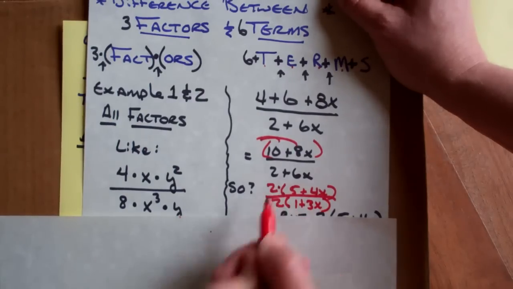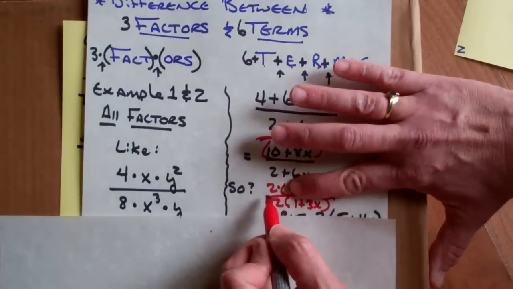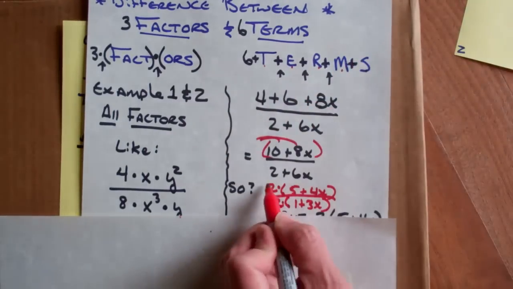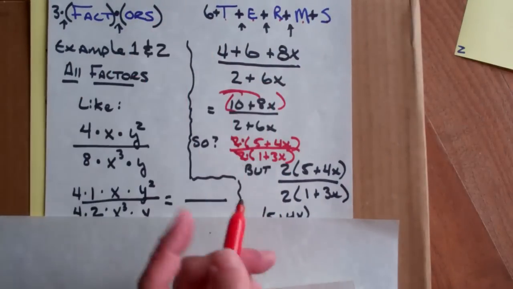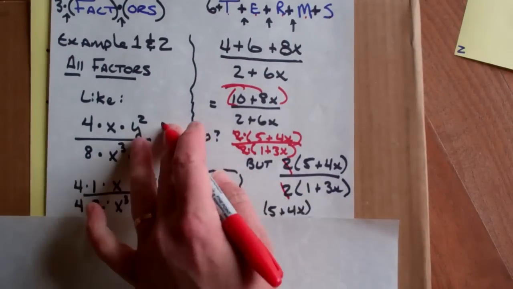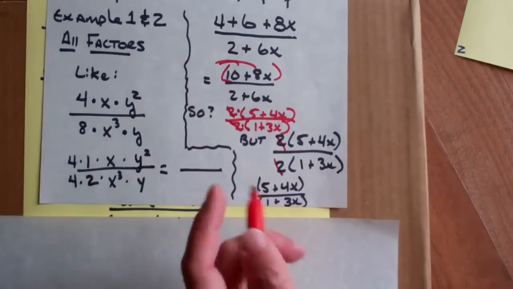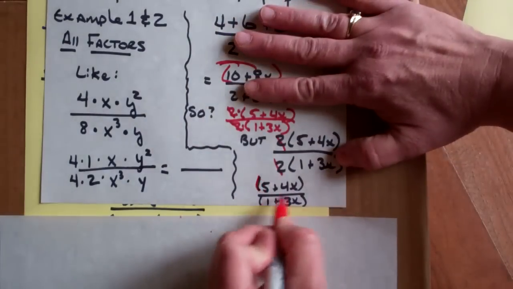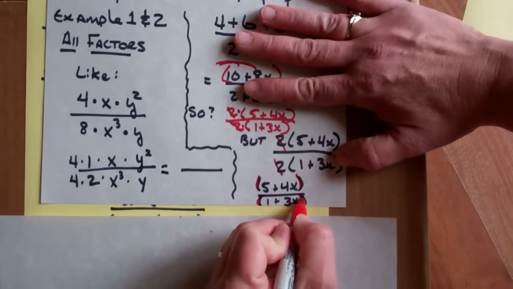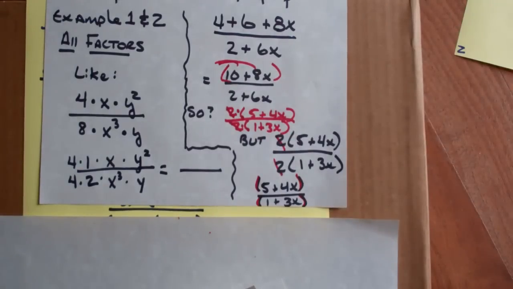Now I have 2 times this quantity and 2 times this quantity, and the 2's reduce. Therefore, I have been able to simplify all the way down by canceling those 2's to 5 plus 4x over 1 plus 3x. These parentheses tie the numerator and denominator terms together.